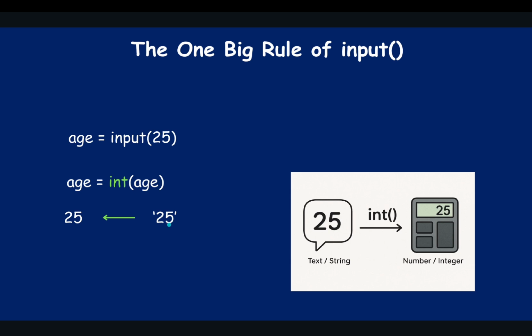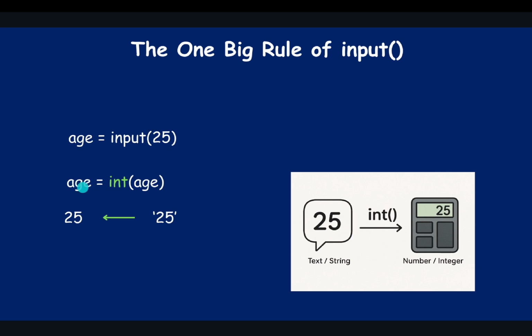So in order to solve this problem, we can use the int function. We can wrap our text, in this case, the age variable will have a string, so a text. So for example, string 25. And with this int function, we're just converting this string type to an integer.